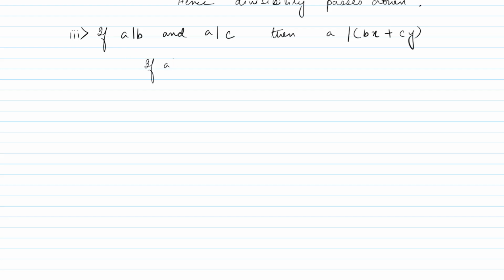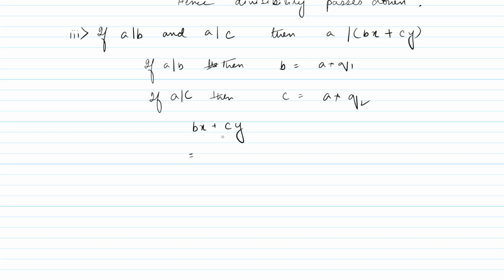We are saying that if B equals A Q1 and C equals A Q2, right? Now, we can say from here that BX plus CY would be equal to AQ1 into X plus AQ2 into Y, right?